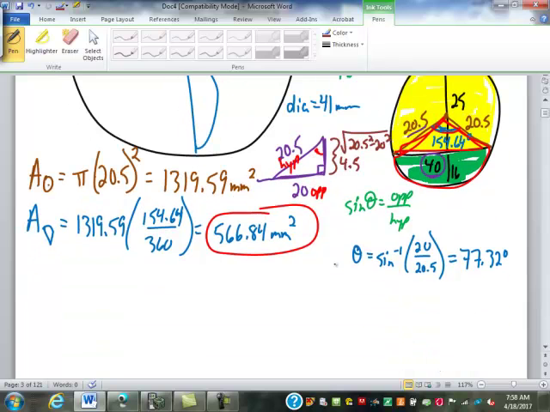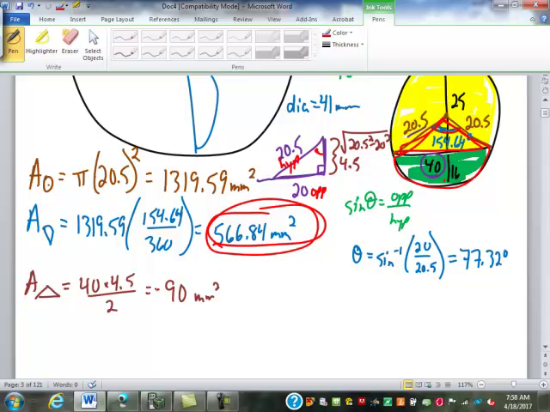So the area of that triangle is going to be 40 times 4.5 divided by 2, which is going to be, what, 90 millimeters squared. So the area of that segment out here is this area minus this area, so 476.84 millimeters squared. That's the area of the green segment.